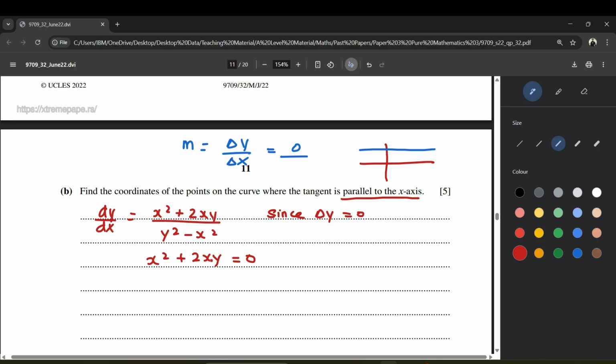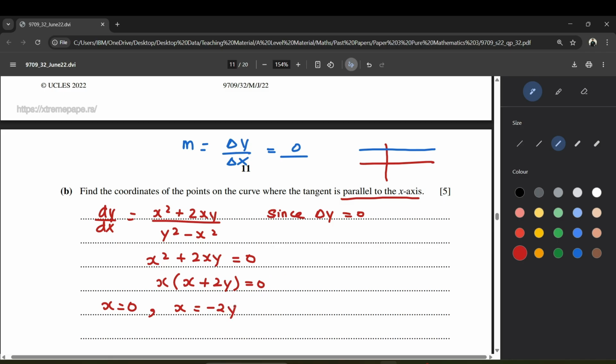So we can just write this down. All right, so what I can do here is factorize x, so I'll be left with x plus 2y equals 0. So I get two solutions: x is equal to 0 and the second is x equals minus 2y.